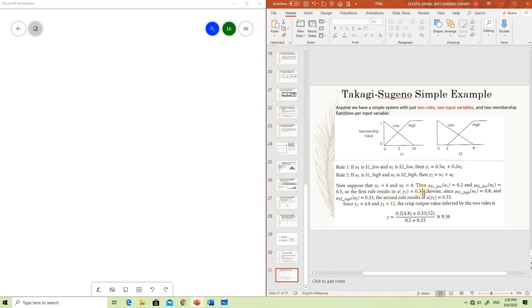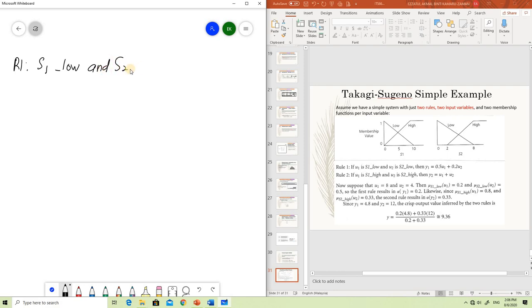Okay, let me just draw this for you so that you can understand it better here. So from here you know that your rule number 1 is S1 low and S2 low, then y is a function, right?